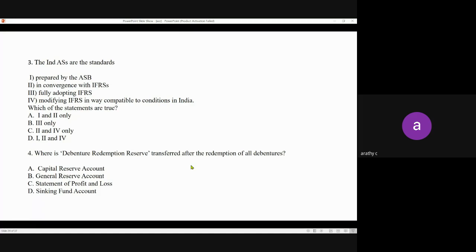Debenture redemption reserve transferred to... ആൻസർ ബി ആണ്, ജനറൽ റിസർവ് അക്കൗണ്ട്.